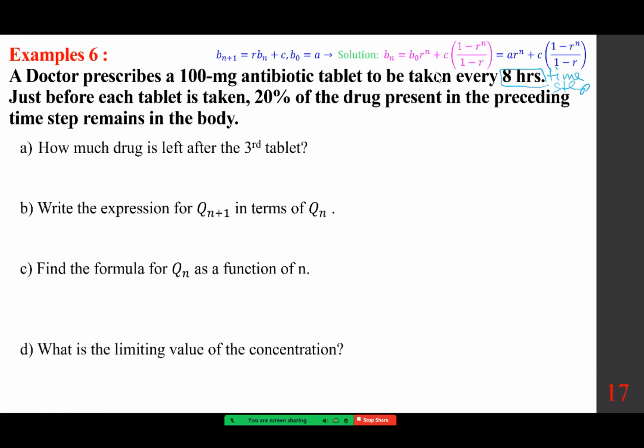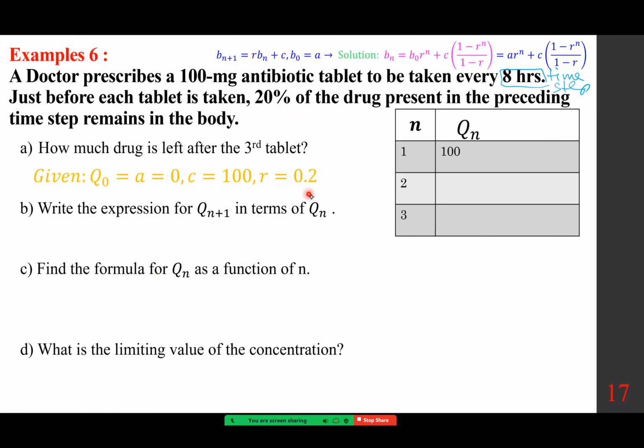Now, whatever remains in the body is the R, and 20% remains in the body. So pay attention. This question is slightly different than the previous one. The previous one said concentration is reduced by 90%. Now it says 20% remains. So that's the R you want. And so we're going to start with the table.